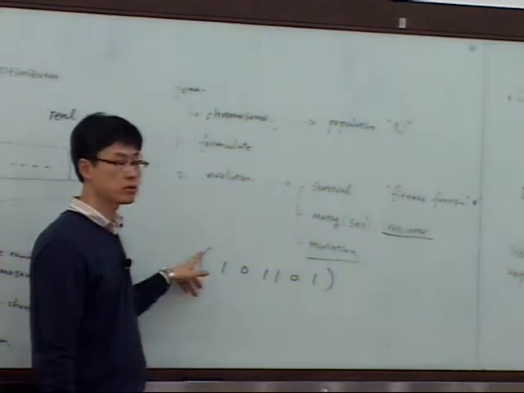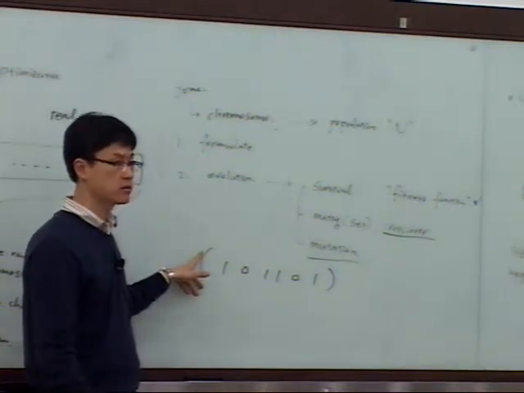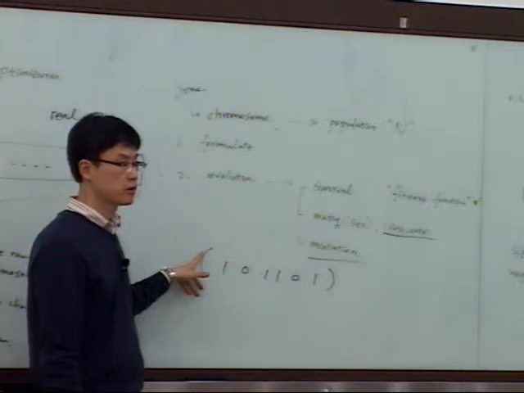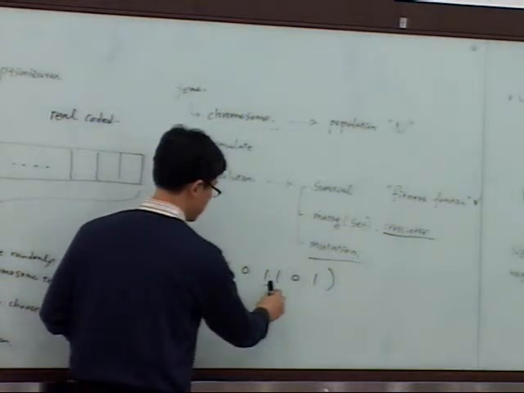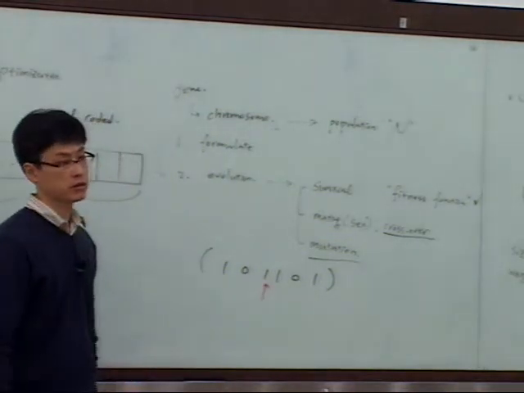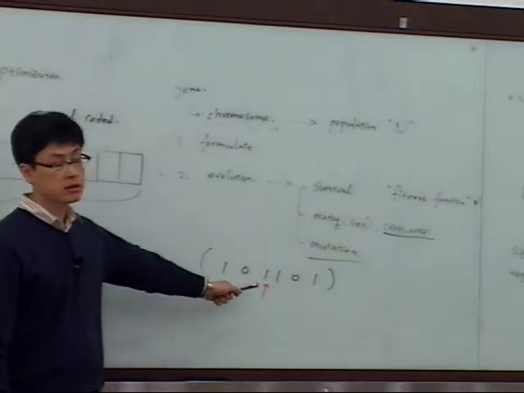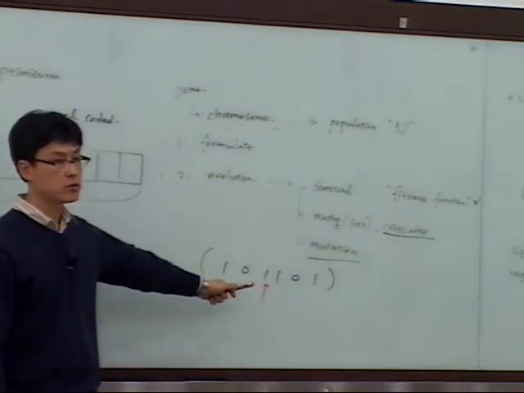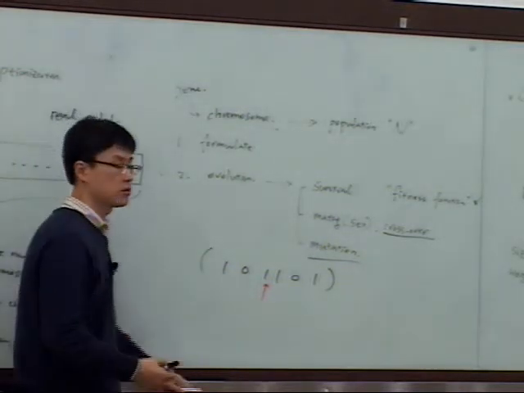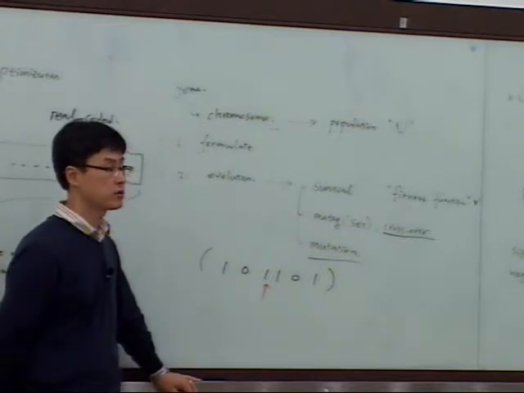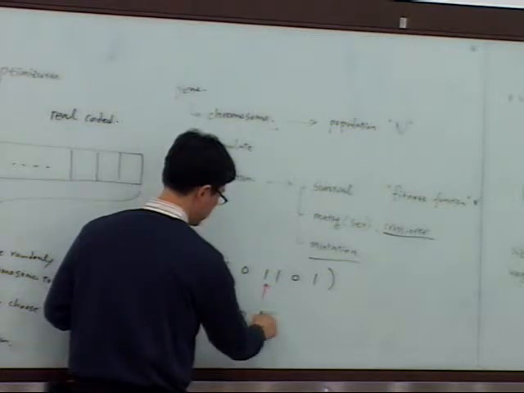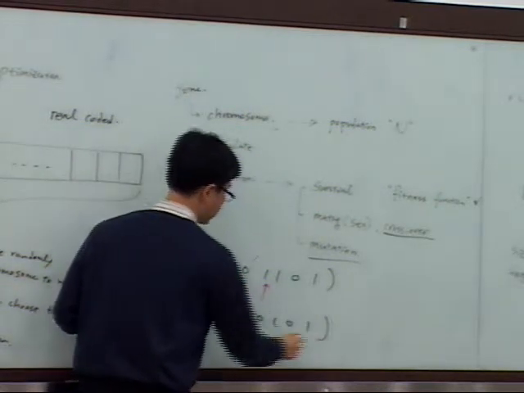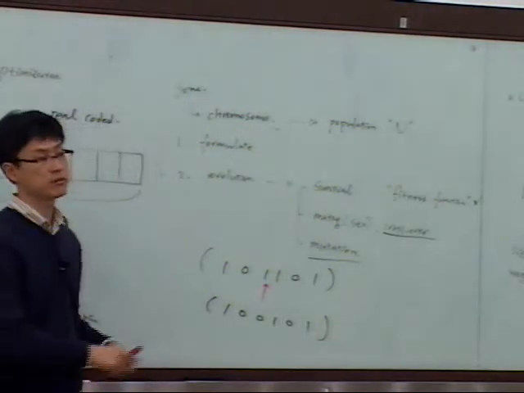So this chromosome is selected. And then the next step is you randomly choose which genes to mutate. So you choose this to mutate. If this is the binary chromosome, we run the random number generator once again, and we can change it to 100101. That is mutation.